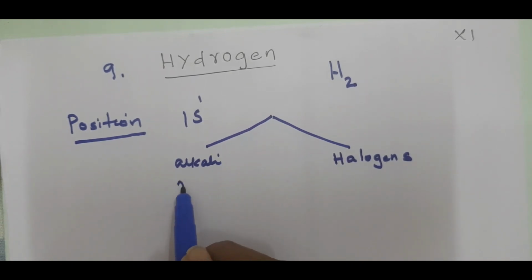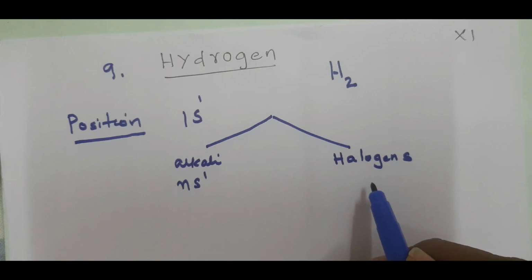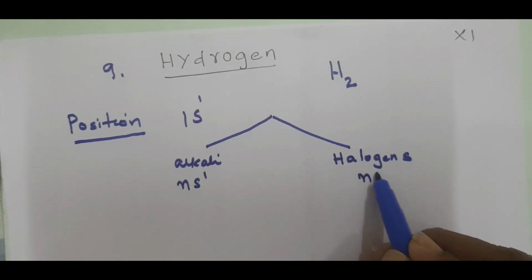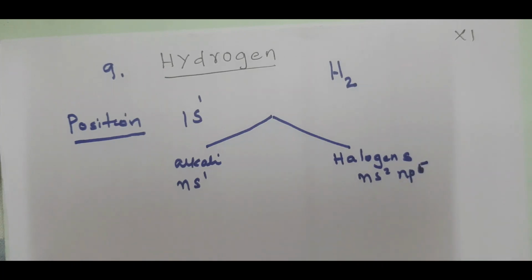The outer electronic configuration of alkali metals is ns1, and that of halogens is ns2 np5. So one electron to lose, the electropositivity, and here one electron to gain to form that octet. So it resembles both the alkali metals as well as the halogen elements.